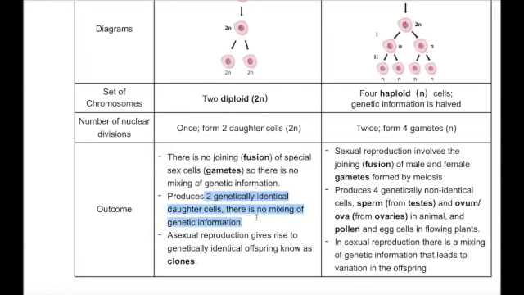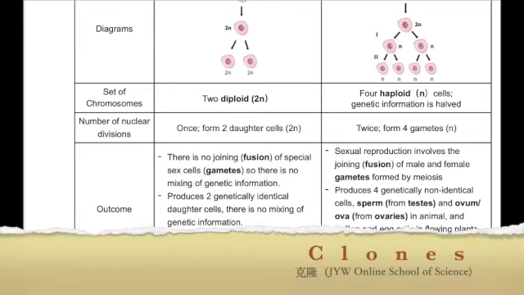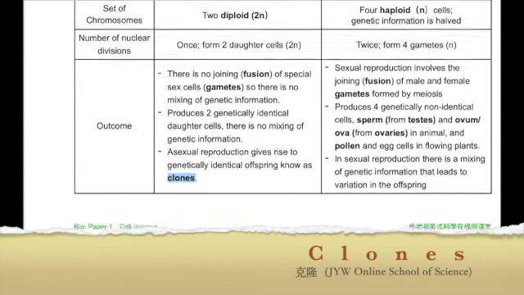There is no mixing of genetic information, and there is no joining, which means fusion, of special sex cells, which means gametes. So there is no mixing of genetic information. They only reproduce themselves. In this case, we call them clones. They clone themselves.